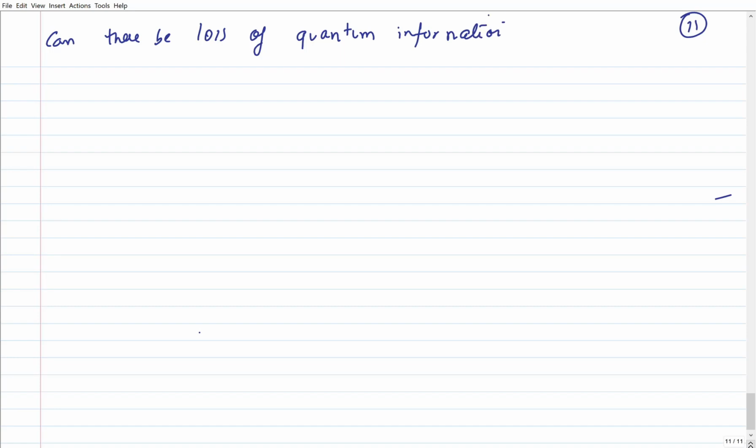Now, with which we modeled energy damping. Now the question might arise: can there be loss of quantum information without loss of energy?